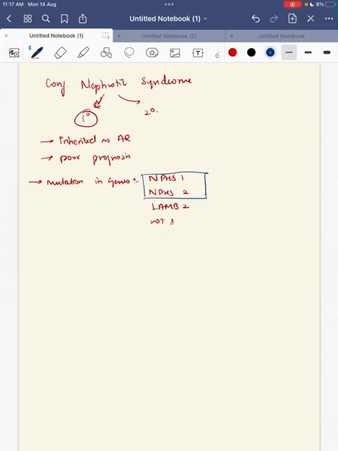Next will be, what are the syndromes associated with these genes? The syndrome associated with NPHS1 and NPHS2 is Finnish type congenital nephrotic syndrome. NPHS1 and NPHS2 encode for the proteins nephrin and podocin. Next, the syndrome associated with LAMB2 is Pearson syndrome. The question will be, what are the other features the child can have other than congenital nephrotic syndrome in Pearson syndrome?